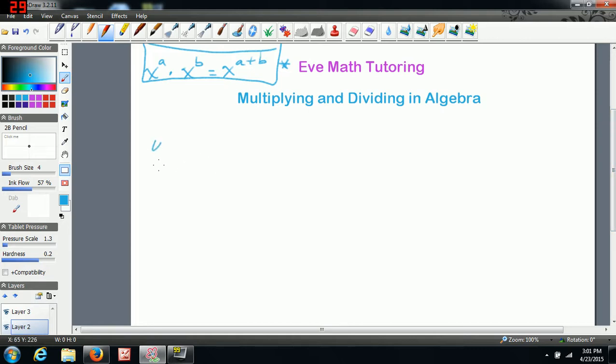If you're given y to the 2 times y to the n times y to the 3, again, it doesn't matter how many you have, you just add the exponents. In this case, you can add the 2 and 3, and it would be y to the 5 plus n. Because n is not a like term to 2 and 3, you wouldn't be able to add those. For that, you could look at the lesson on like terms.